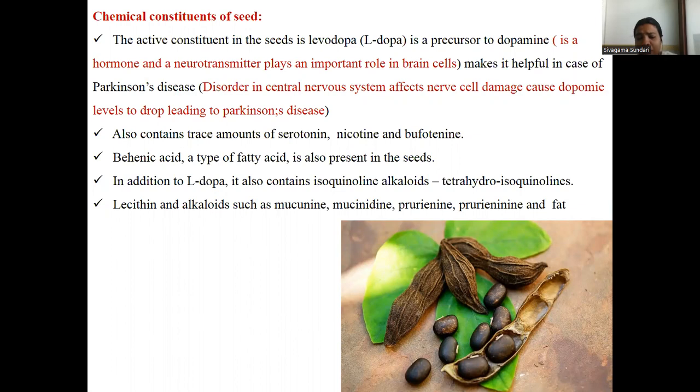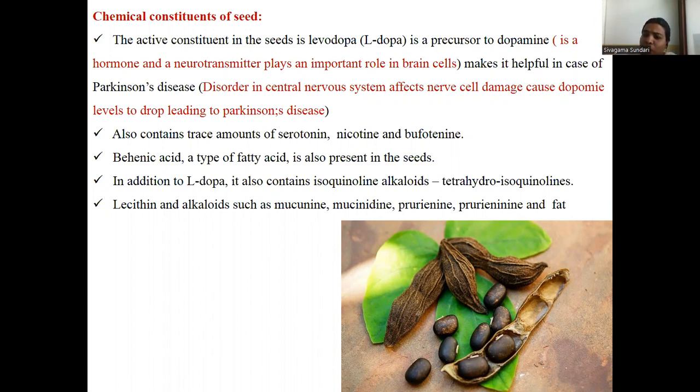Parkinson disease is nothing but an unusual nervous disorder, the disintegration, the breaking and dissolution of the nerve cells, that happens when the dopamine level in the central nervous system comes down.